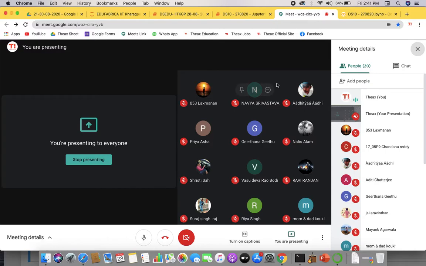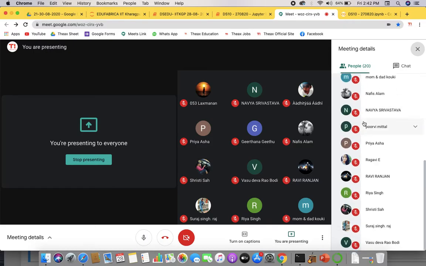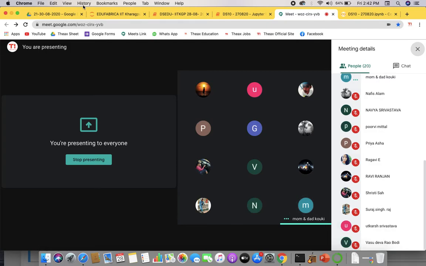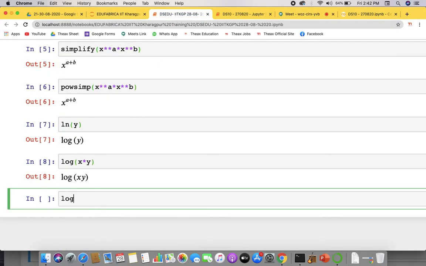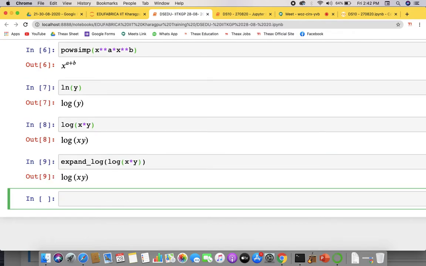Anyone who knows? Log x plus log y. So you will be asked to expand this, so you'll be using expand log. The log of x multiplied by y is log of x plus log of y.